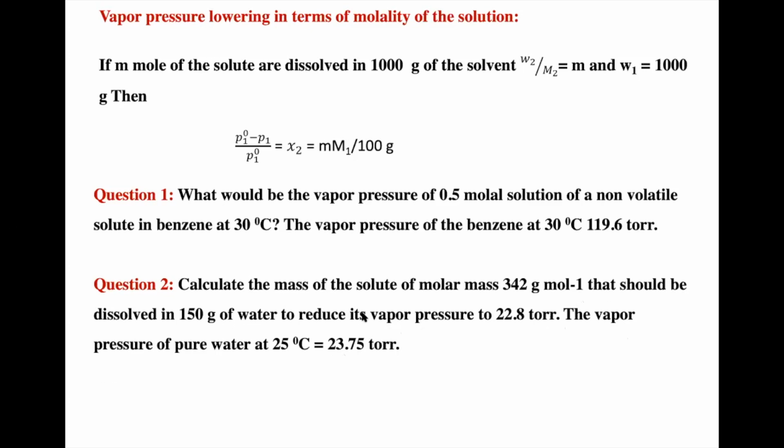You can solve this numerical problem based upon the previous equation, which is (P1 naught minus P1) upon P1 naught is equal to W2 M1 upon W1 M2. So this is a very simple numerical problem. All of you should practice how to solve numerical problems based upon the individual colligative properties.